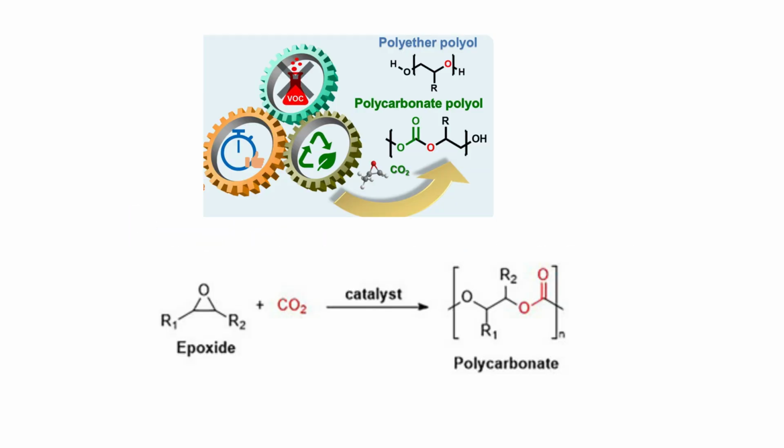Polycarbonate polyol is a type of polyol containing carbonate groups in its backbone, used in the production of polyurethanes to impart properties like high impact resistance and flexibility. Polycarbonate polyols, such as poly-1,6-hexanediol carbonate, are prepared by condensation of phosgene or alkylene glycol carbonates.